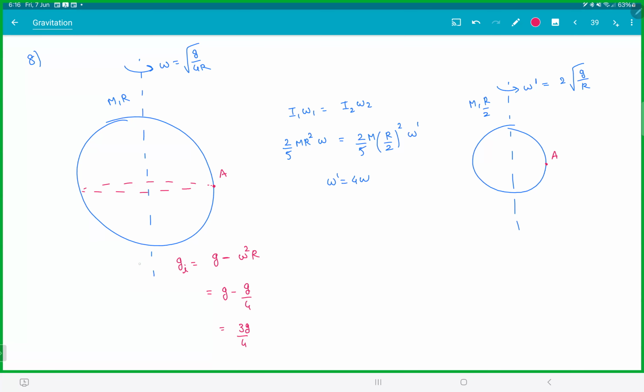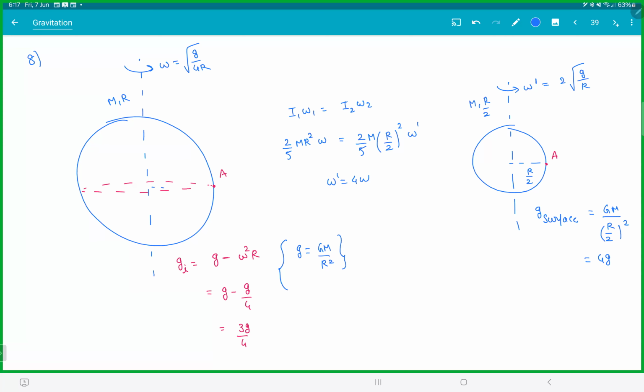But you're forgetting something here. What is g exactly? g is GM by r square. Now the radius of this planet has become r by 2. That means on the surface, the g itself has changed. Now g on the surface is GM by (r by 2) whole square. So this is actually 4g.